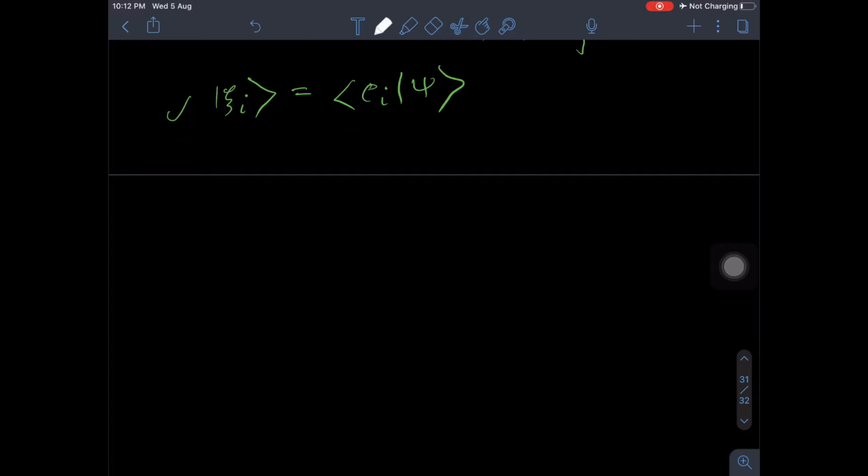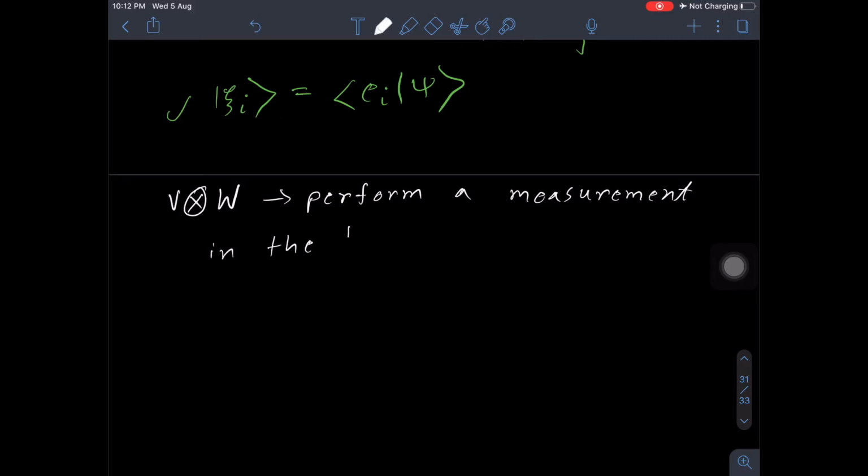So we have this V tensor W space, and we want to perform a measurement in the basis, this one, E1 up till En, in the V slot.